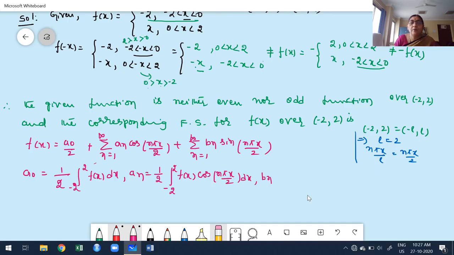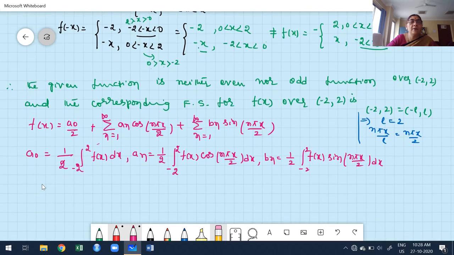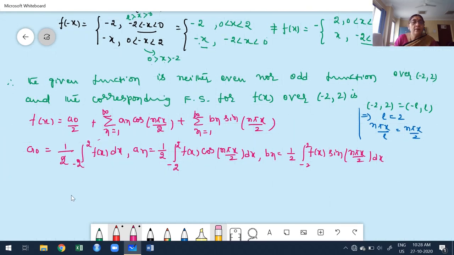What is my b n formula? 1 by 2, integral from minus 2 to 2 of f of x sin of n pi x by 2 with respect to x. Now, as usual, next try to find a naught, a n and b n using f of x. Now, what is a naught?